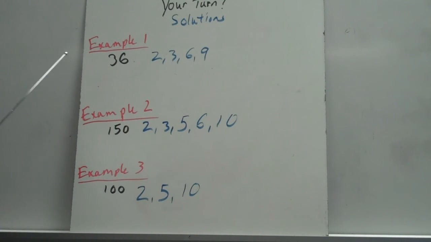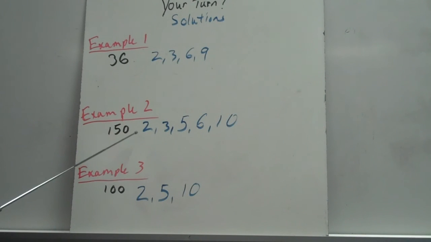And so I do want to note that these numbers do have other numbers that can be evenly divided into them. For example, 36 has 12 and 18 and 4, but we're really only mainly concerned with 2, 3, 5, 6, 9, and 10.